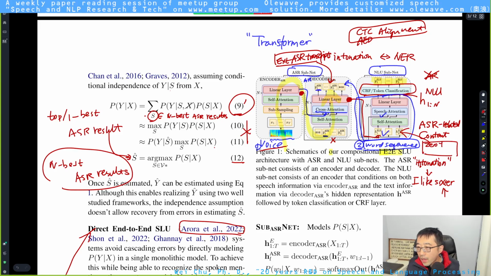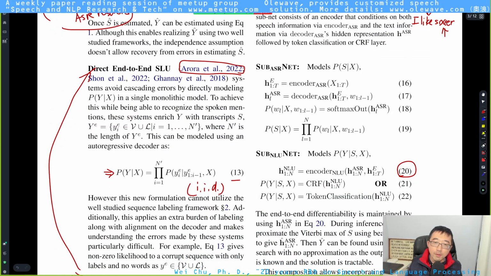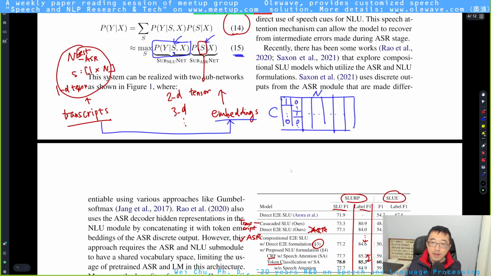Zero-added word sequence. Okay, and then they definitely can do the backprop from here to here. Okay, so you can see that only the NLU subnet will be updated by this type of so-called NLU fine-tuning. Okay, I think I understand it correctly.